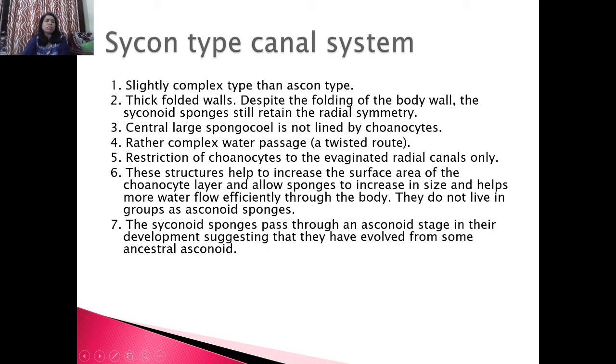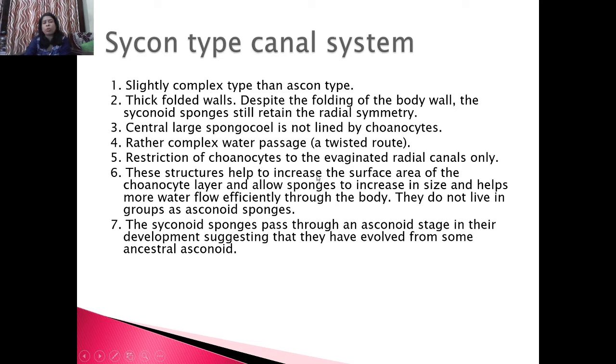Sycon type of canal system is slightly more complex than the Asconoid type, with thick folded walls, and the foldings of the body wall retain the radial symmetry. The central large spongocoel is not lined by choanocytes; rather, water passes a twisted route, and the choanocytes are restricted to the evaginated radial canals.